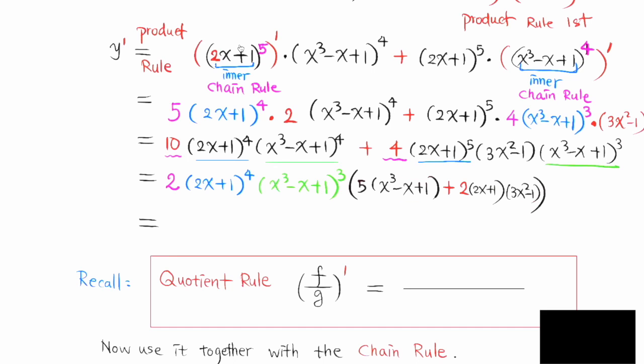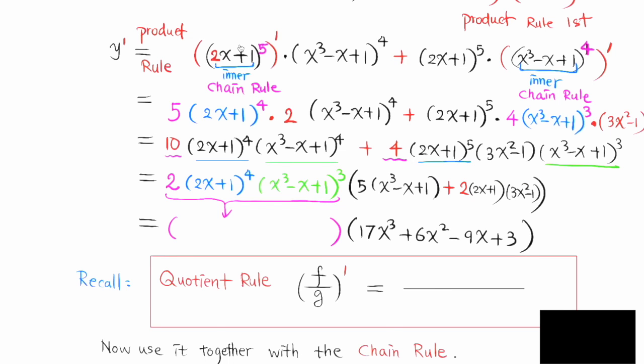So simplify this. How do you simplify this? You multiply and distribute, multiply them out, and combine like terms. This part over here, just copy over here. And this part over here, if you simplify it, becomes 17x cubed plus 6x squared minus 9x plus 3.